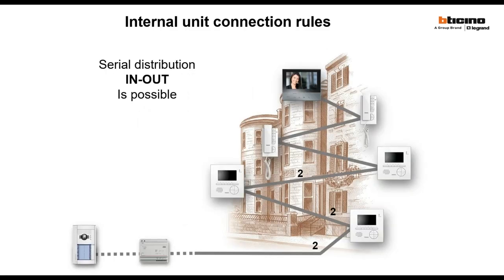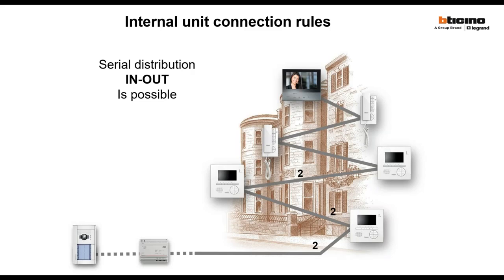Then there are 2 kinds of distribution inside the building. The in-out, that is typical when you do a refurbishment and you already have a cabling or a pass through for the wires that is done in this way.